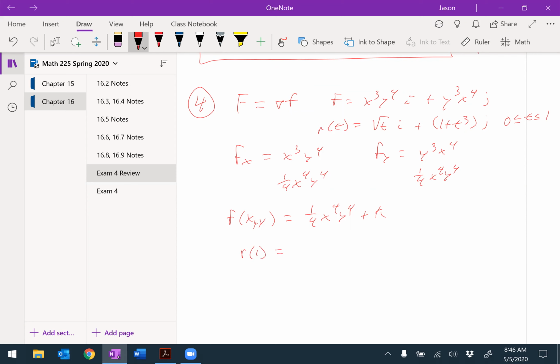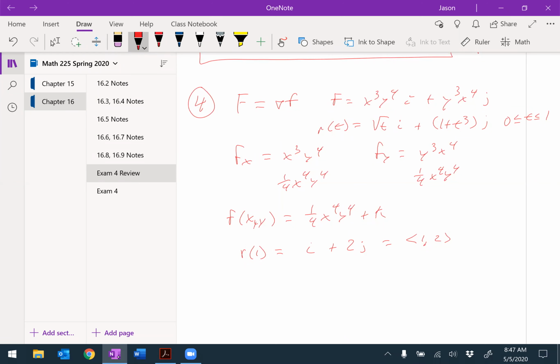So let's plug in a 1 for t. That's going to be 1i, or just i, plus the square root of 1 i, which is just i, plus 1 plus 1 cubed, that's 2j. So if I put this in component form, this would be 1, 2, right?